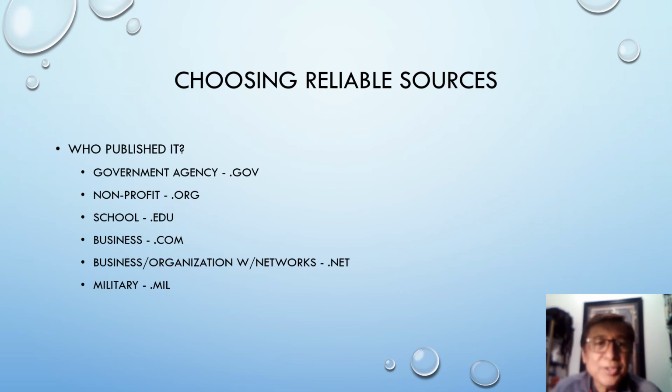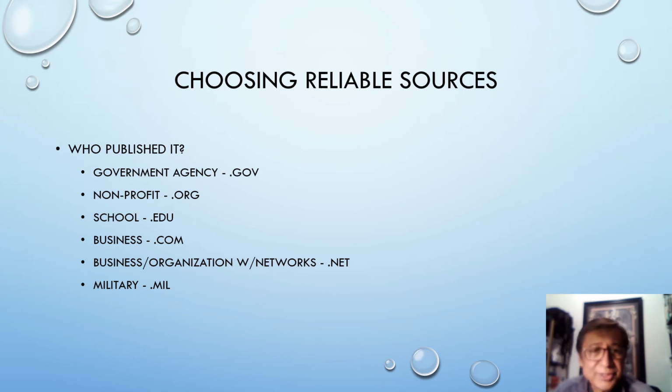Okay, another question: who published it? I guess this list of people is really, if you look at it, for those articles you would find mostly on the internet. There's government agencies, and you can tell it's government because it has a .gov at the end. Nonprofits have .org, schools .edu, businesses .com.